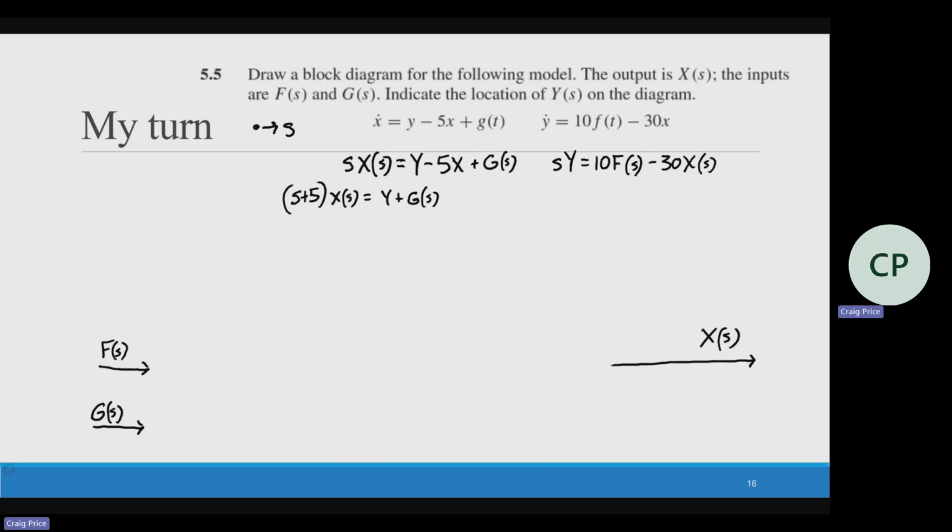Like I said, I like to just try to solve for x. So with this one, it becomes pretty easy. So now I've got x. I'm going to divide both sides by this. So this is essentially a transfer function right here. 1 over s plus 5 times, I have two inputs, y plus g.